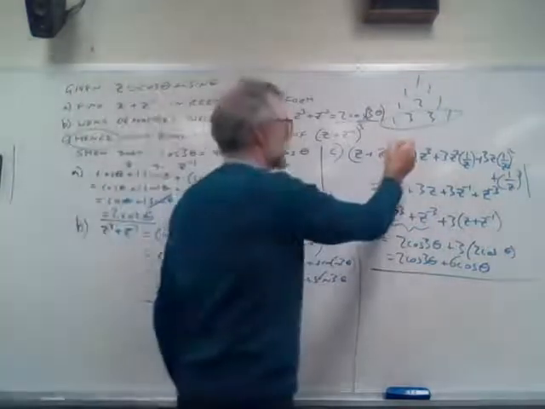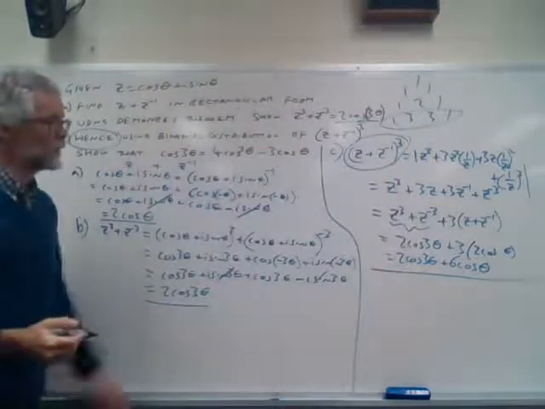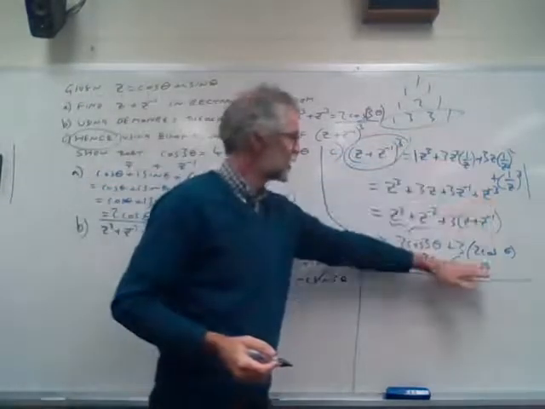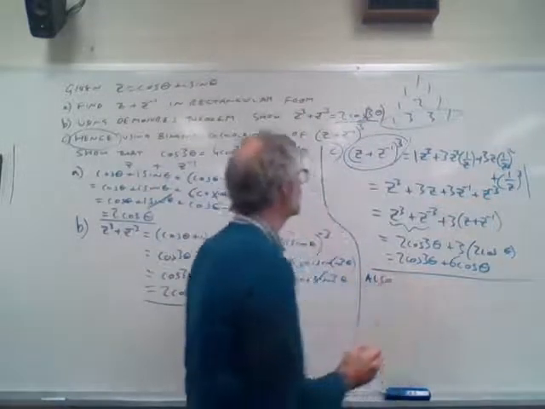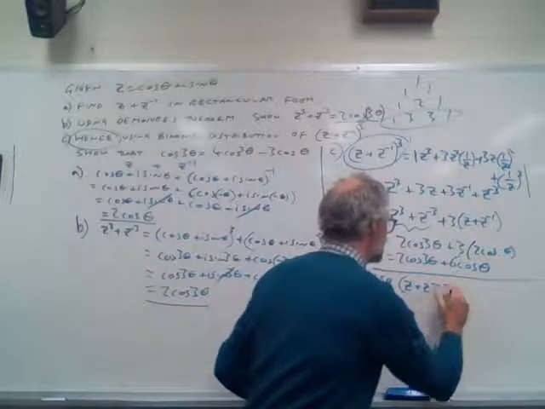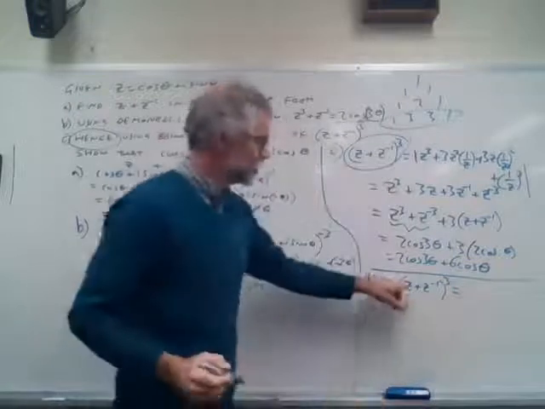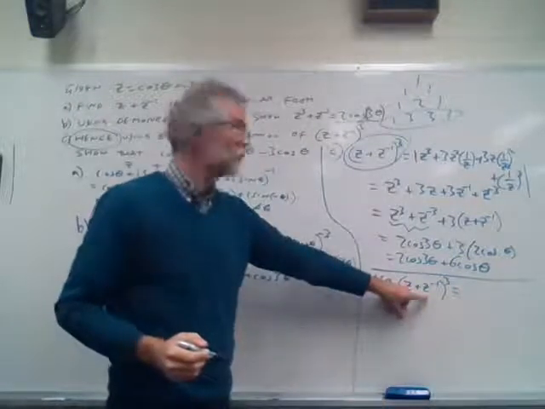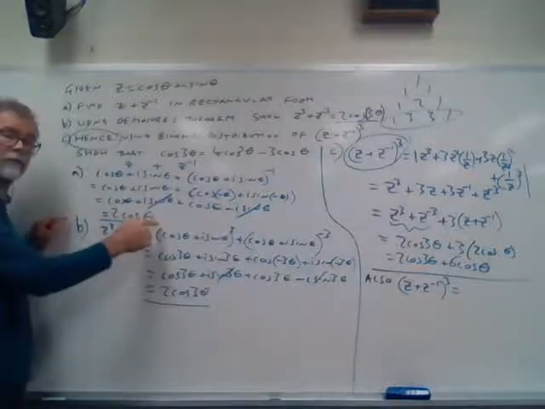Here's how I think you get at it. There may be other ways of doing it. When you've got that there, we do the binomial expansion, we end up with that. But also, z plus z negative 1 cubed equals. Now I know what z plus z to the negative 1 is. That was part A. That was 2 cos theta.